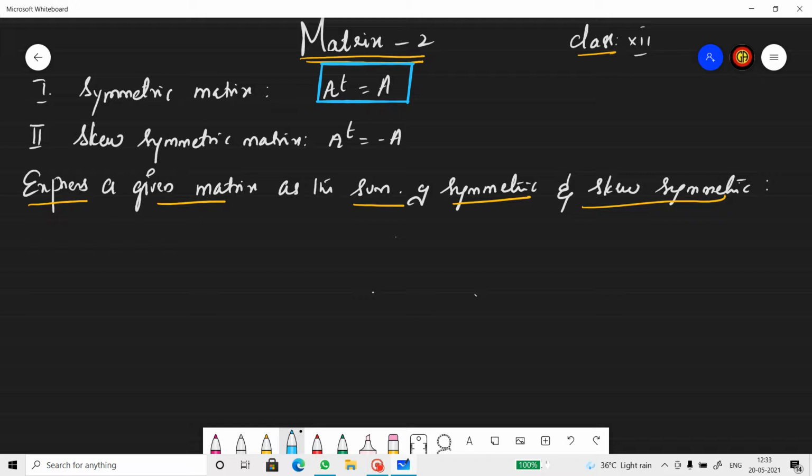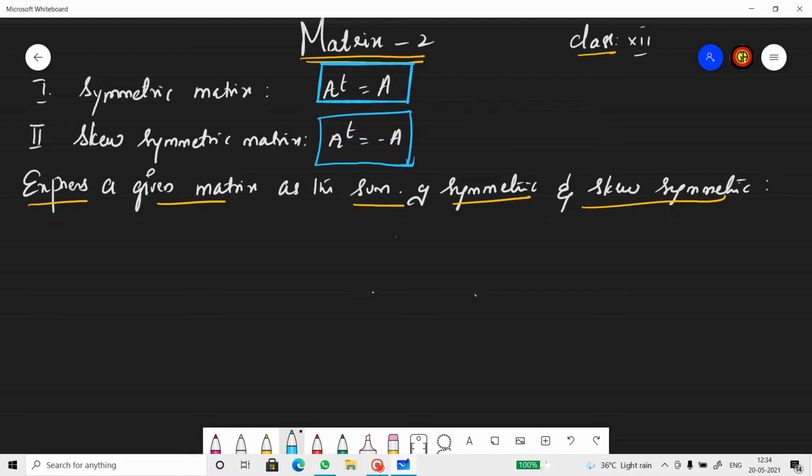So when A equals A transpose, so even after transposing the matrix, if it remains the same, you call that matrix a symmetric matrix. After you transpose a matrix, if the transpose looks like minus A, the negative of the given matrix, then we call that matrix a skew symmetric matrix.